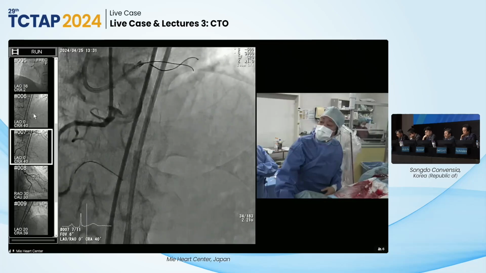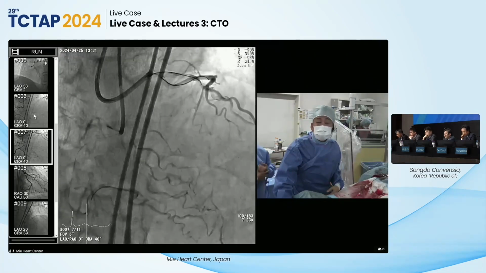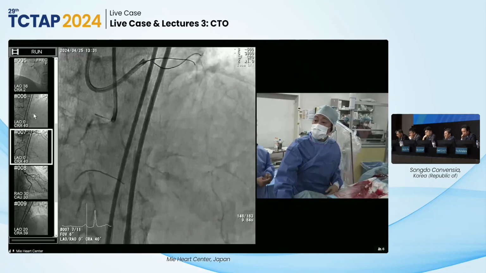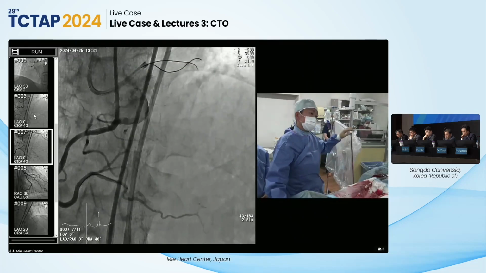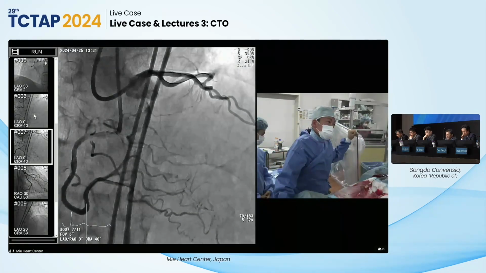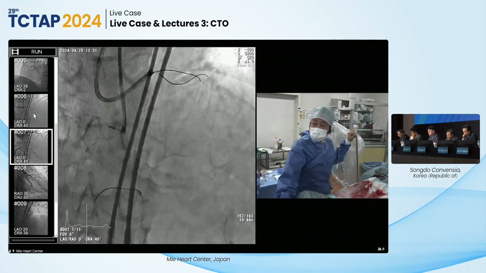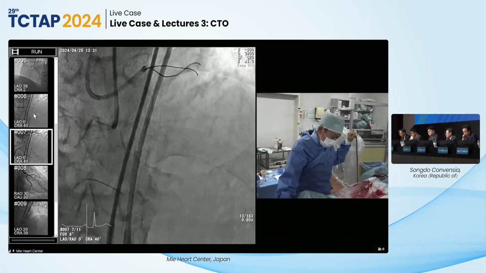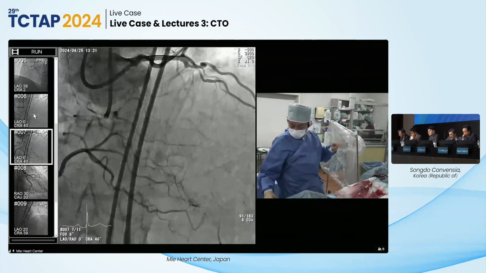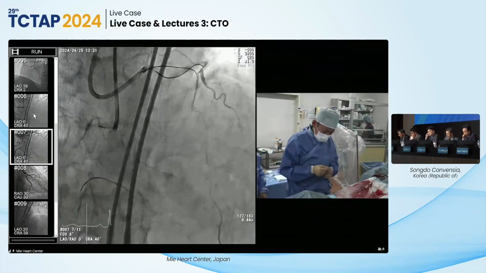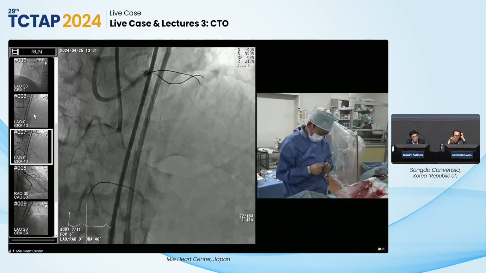So could you share the CT angiogram? Kenja, maybe there might also be some disease on the distal cap.